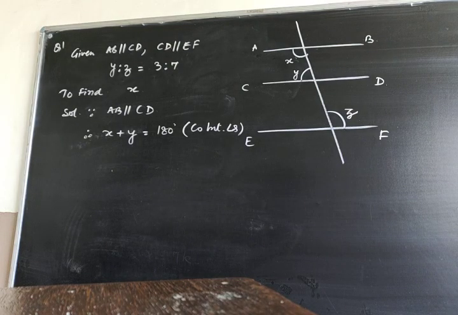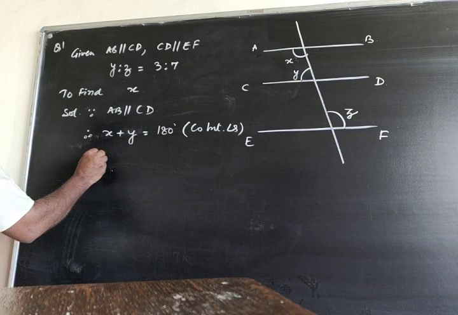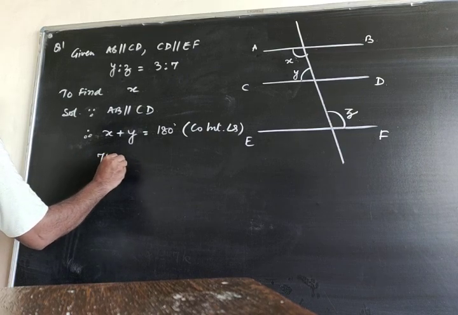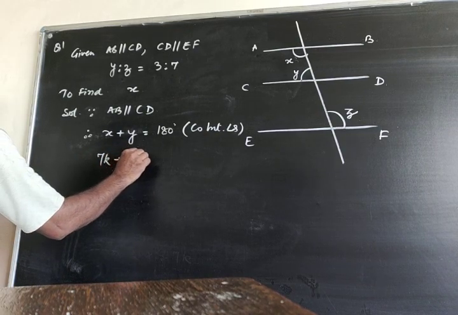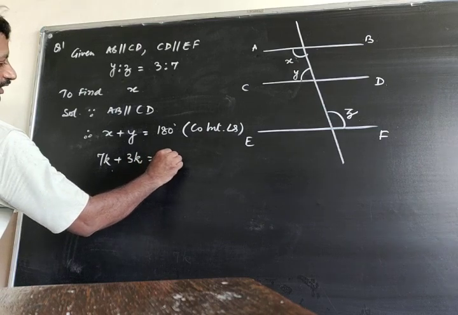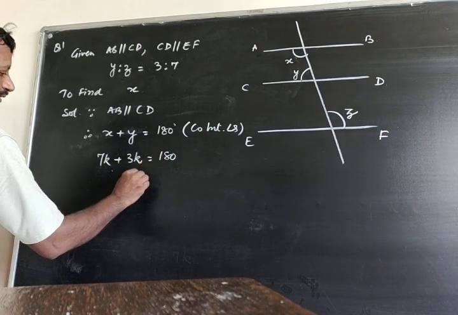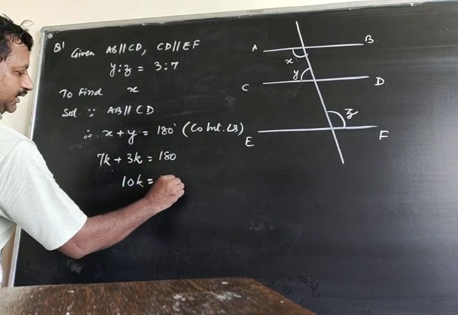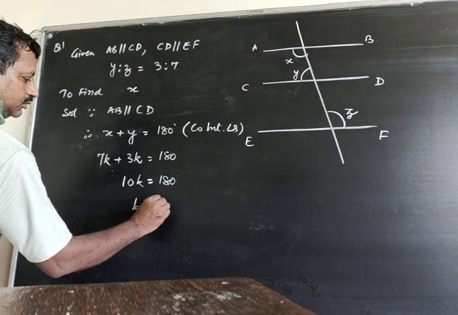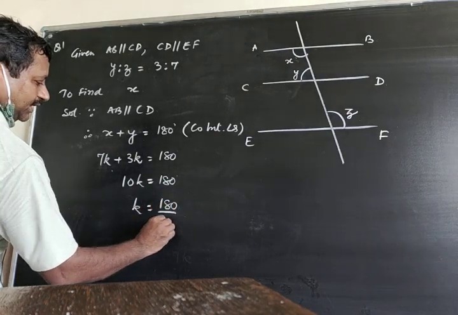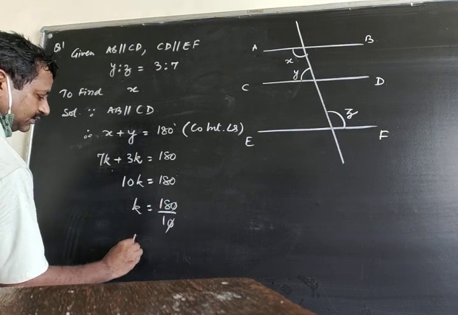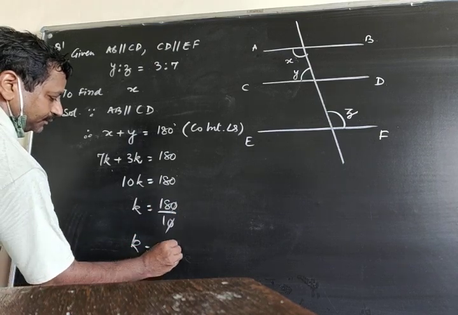So x is 7k and y is 3k, so 10k is equal to 180. k equals 180 upon 10, zero cancels, k equals 18.